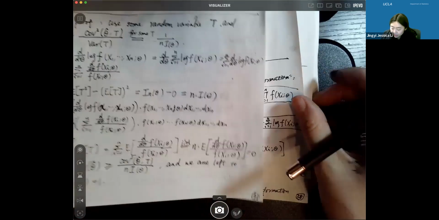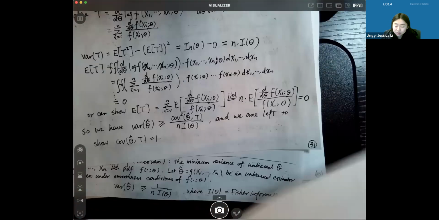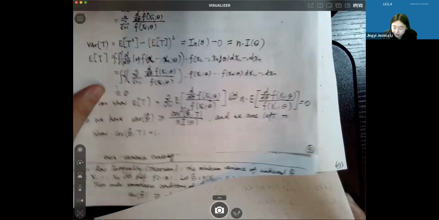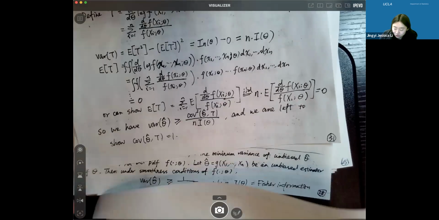To find this, we are going to look at the covariance definition.